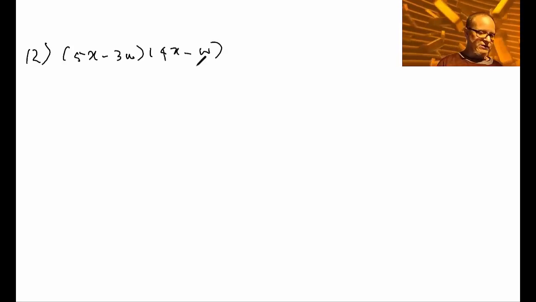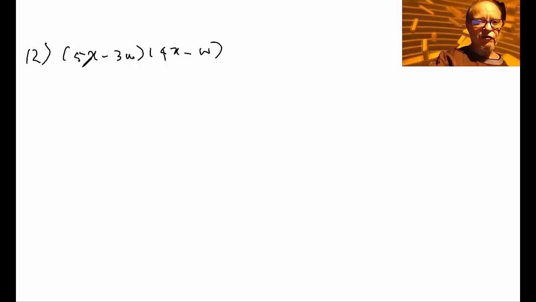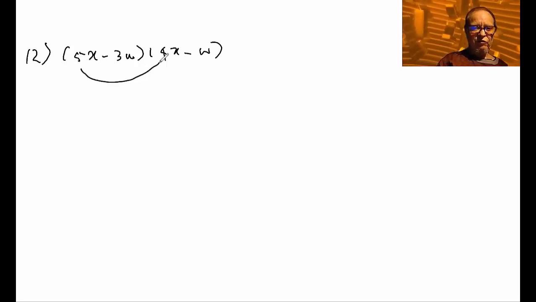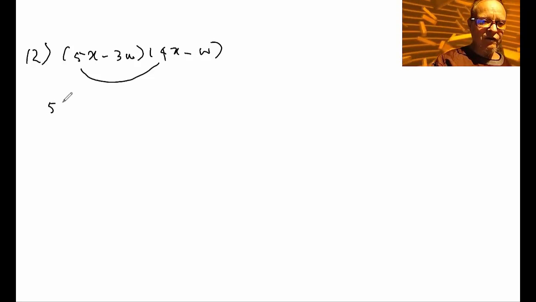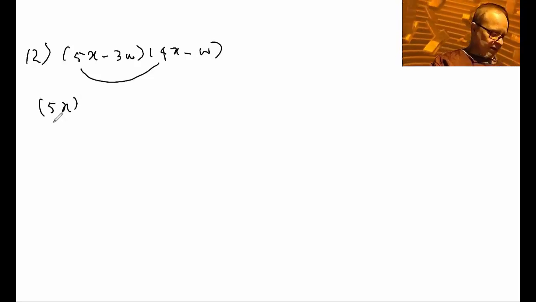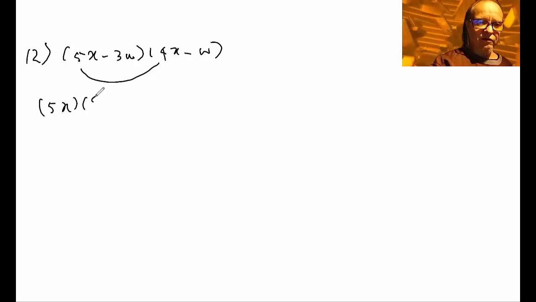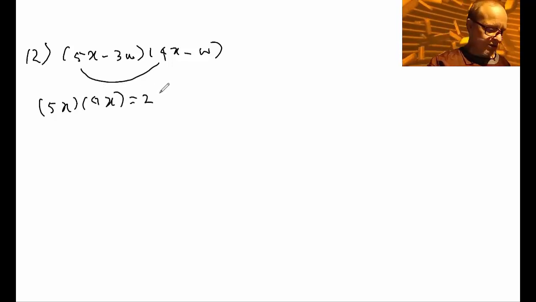And we do this the same way that we've done the other ones. Even though they're different variables, we have the x's and w's. So we have 5x times 4x is equal to 20x squared.